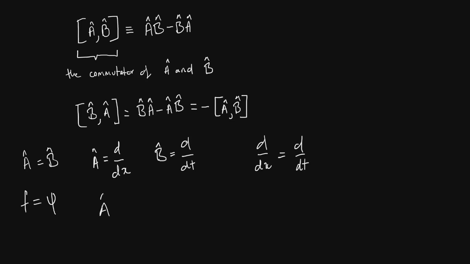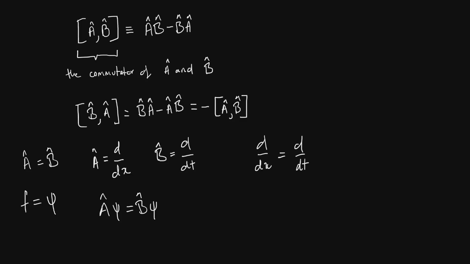If we have some operator A operating on the wave function psi equal to B operating on psi, this does not mean that A is equal to B. It just means that the result of the operation of A on psi is equal to that of B on psi, right?